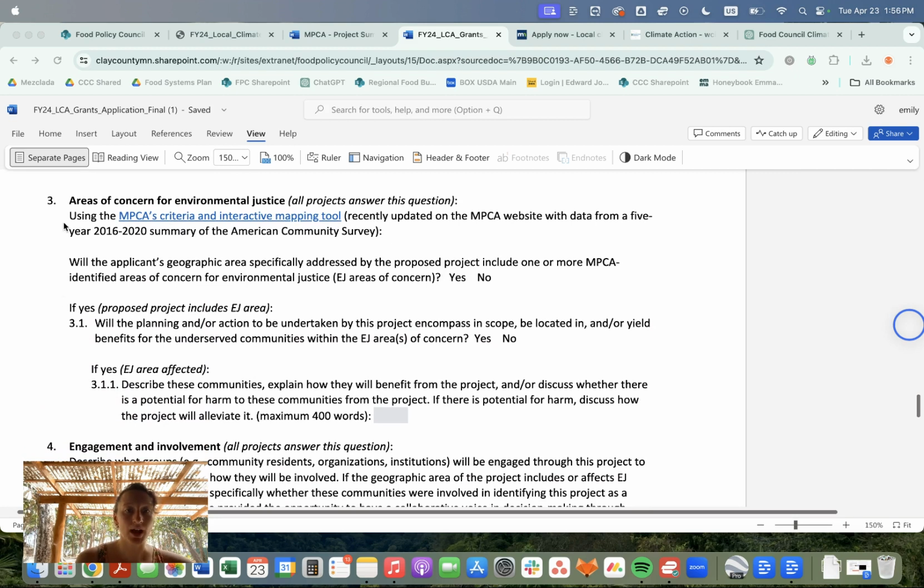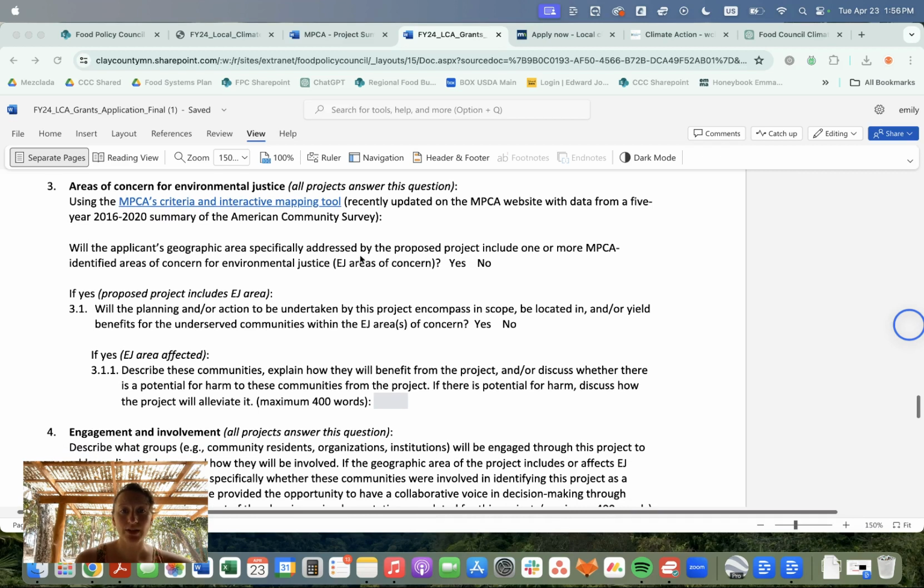And so it's going to be asking me about using the MPCA's criteria and interactive mapping tool. And I'm going to be looking at, is this geographic area specifically addressed by the proposed project include one or more MPCA identified areas of concern for environmental justice? And then I have to explain that.